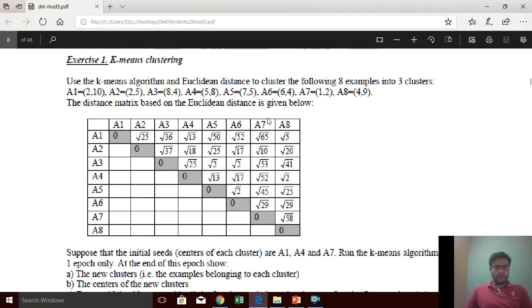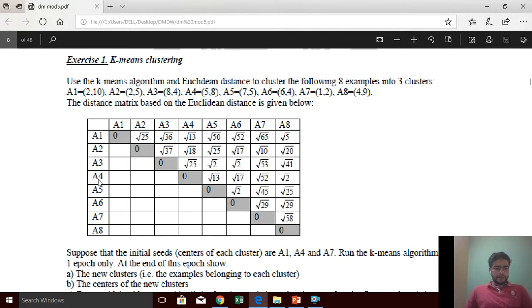So I need to take each one of these A1, A2, A3, A4, A5, A6 and A7, and find out whether A1 is nearest to A1, or nearest to A4, or nearest to A7. Similarly, I need to check whether A2 is nearest to A1, or A4, or A7.